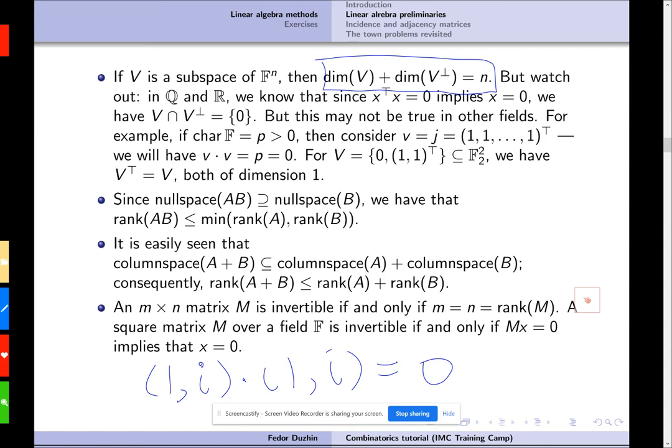But still, it is true even in C and in Z_p, in all fields, that the sum of the dimensions of a subspace and its orthogonal complement is always n. This follows from the rank-nullity theorem.